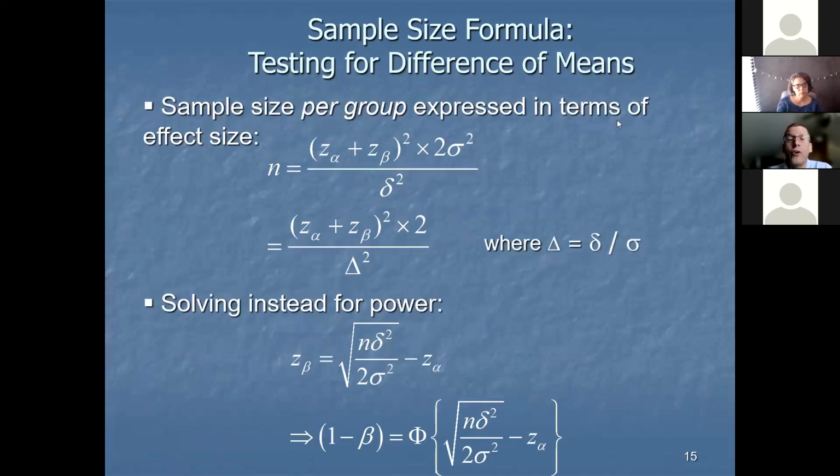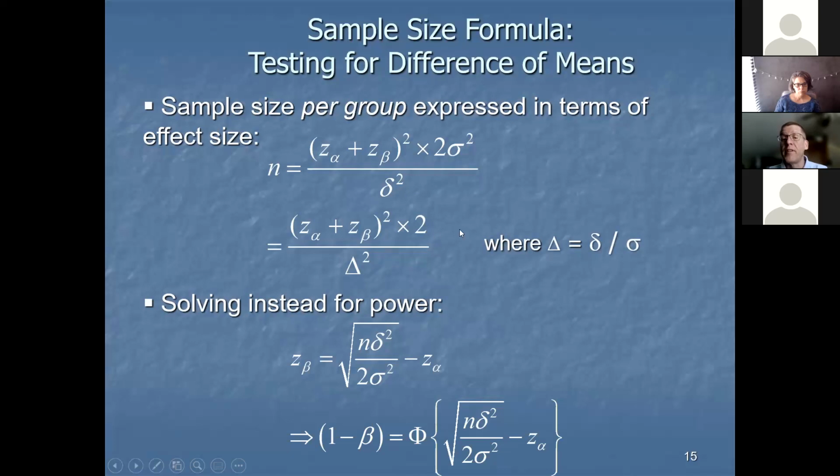Okay, I'm just repeating that formula here. And I want to note that if I don't have sigma and delta separately, I can express this in terms of their ratio. This is that standardized ratio, or standardized effect size, that I showed you earlier.